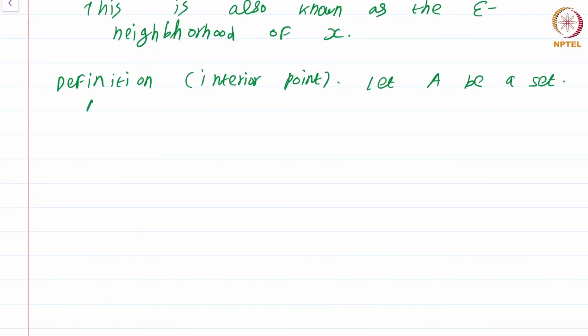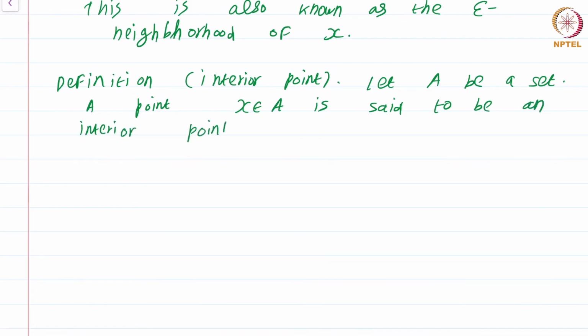A point x in A is said to be an interior point if B(x, r) is a subset of A for some r greater than 0.